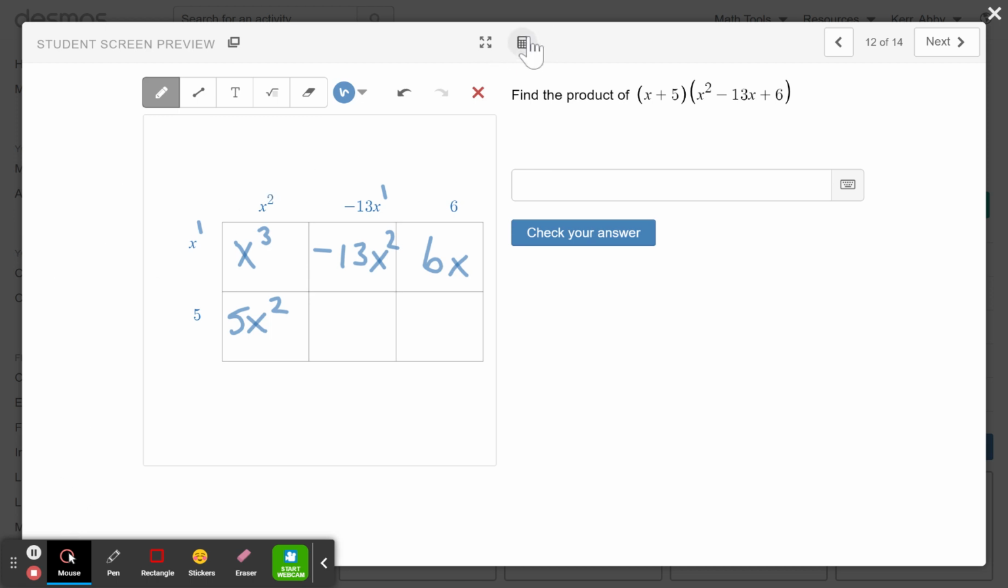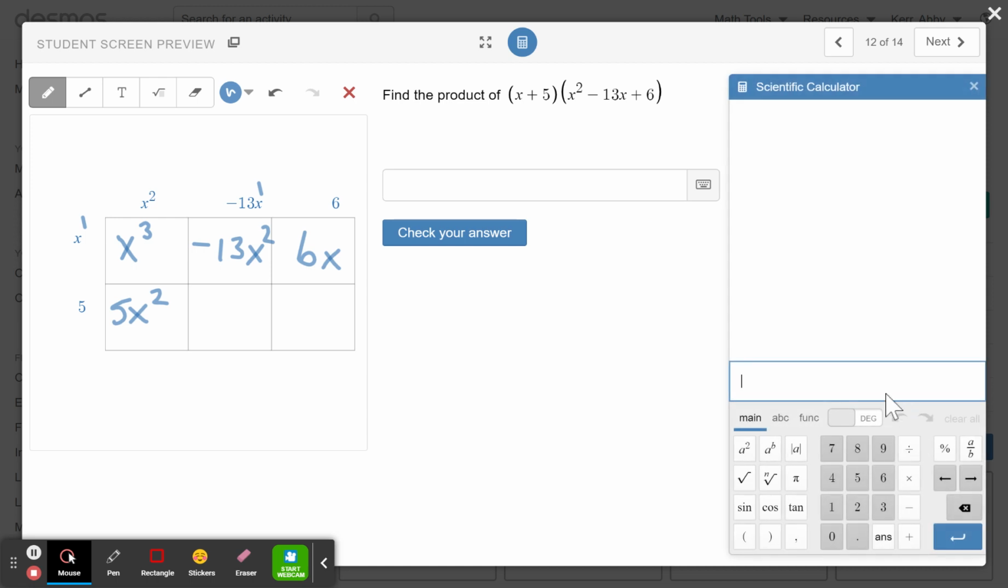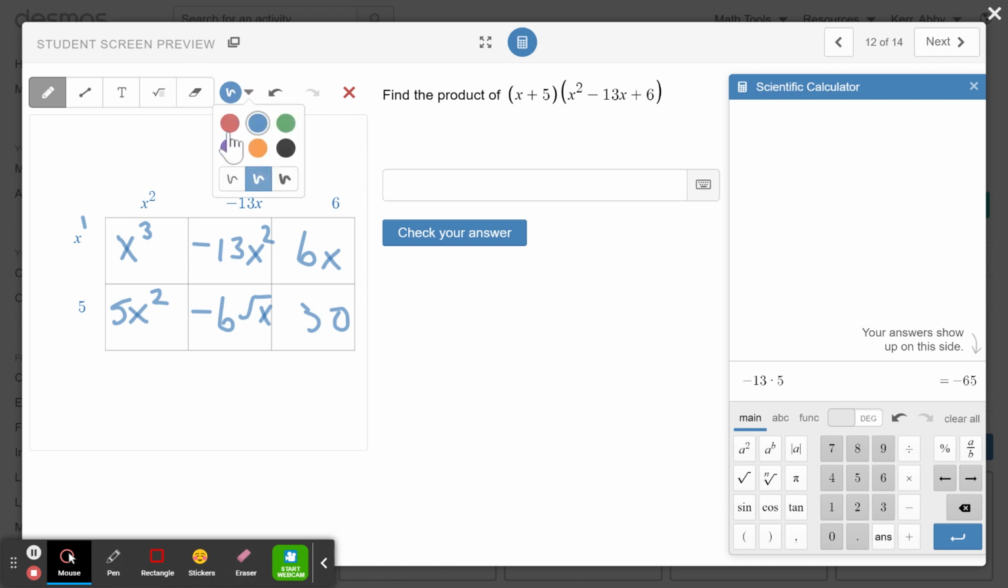Now for the bigger numbers, if you're not sure, that's why we have this calculator available. Negative 13 times 5 gets you negative 65. And that is just x. And then 30. So at this final moment, you need to combine like terms.